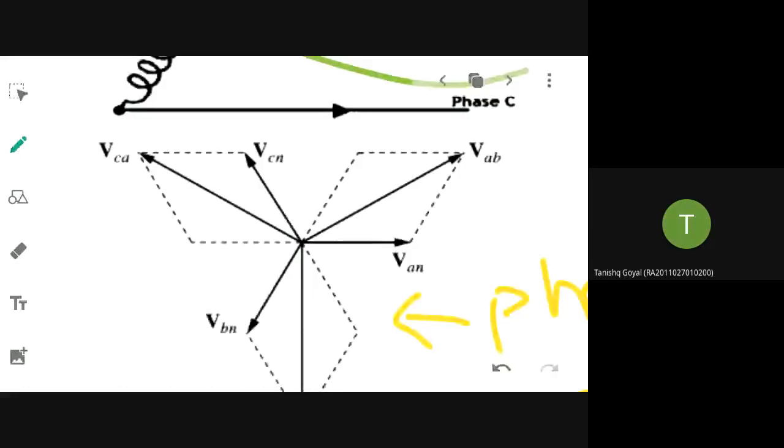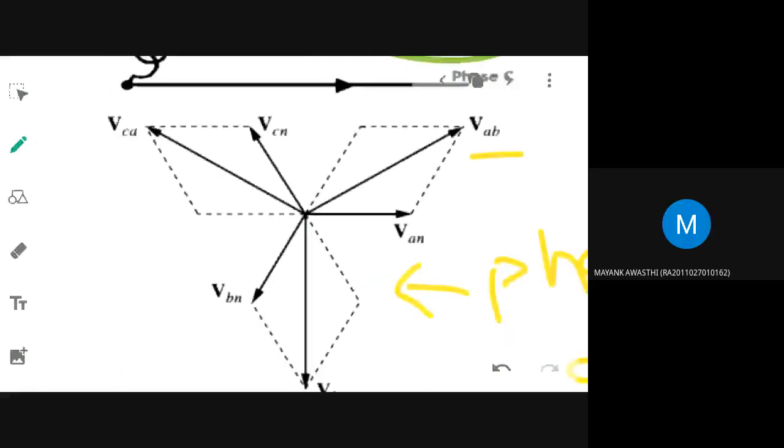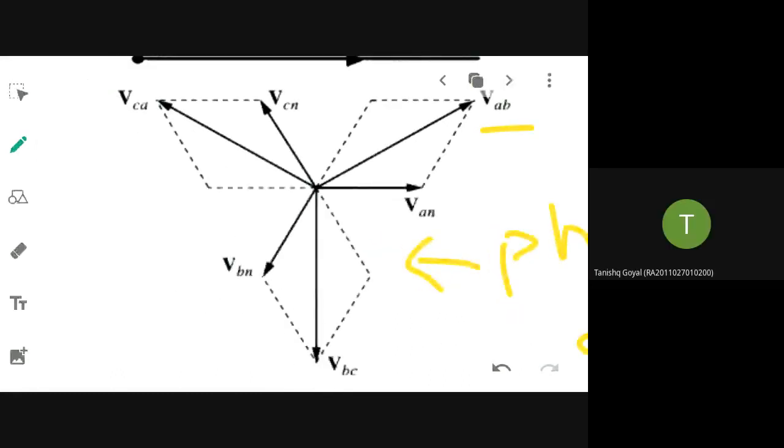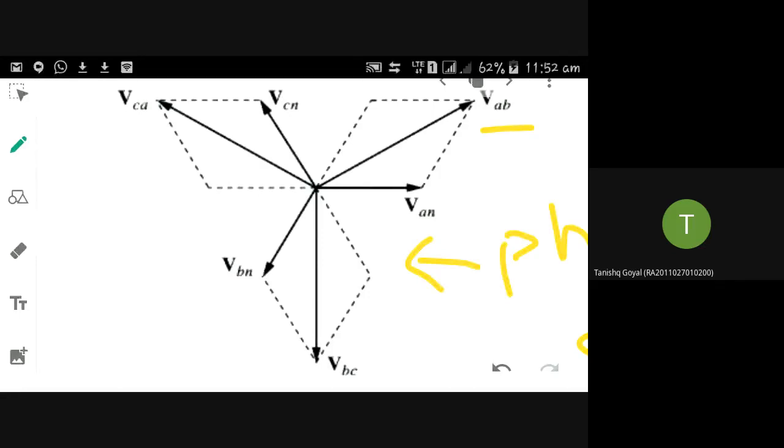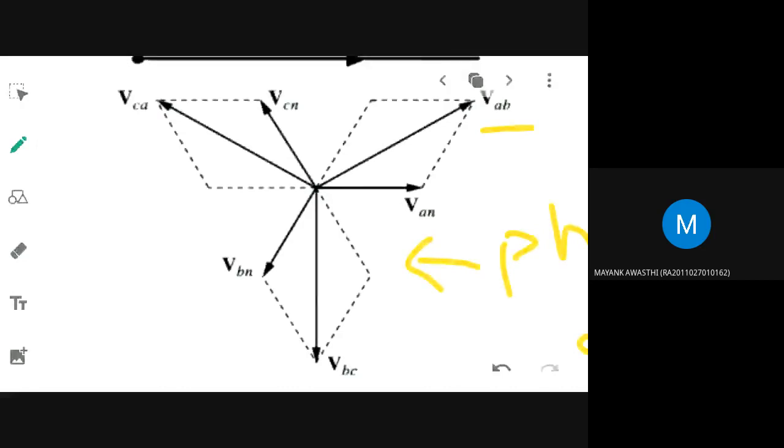VBC? Line voltage. VCA? Line voltage. All are displaced from each other by how much angle? 120 degrees. Similarly, they have drawn VAN, VBN, VCN also.